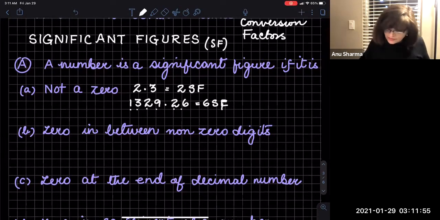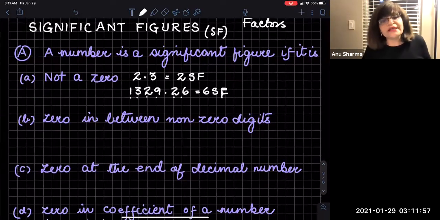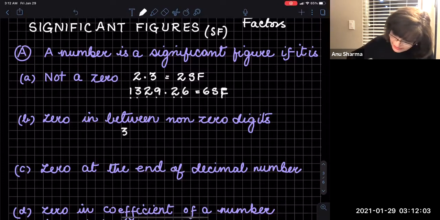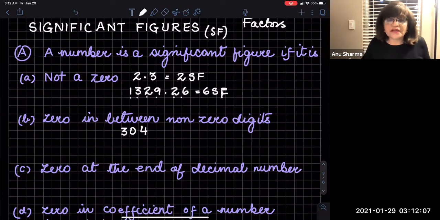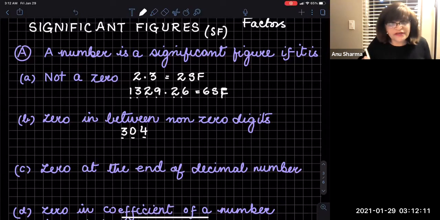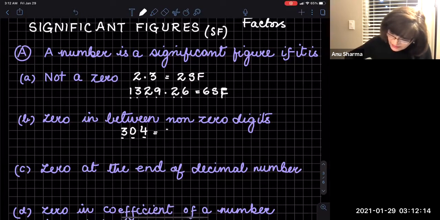Simple. Next, look at the zero in between the non-zero digits. So the zero in between the non-zero digits, like for example, 304. So these are the two non-zero digits, and the zero is in between, so it has a value. So that means there are three significant figures.